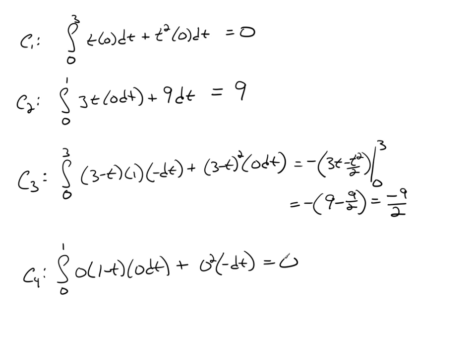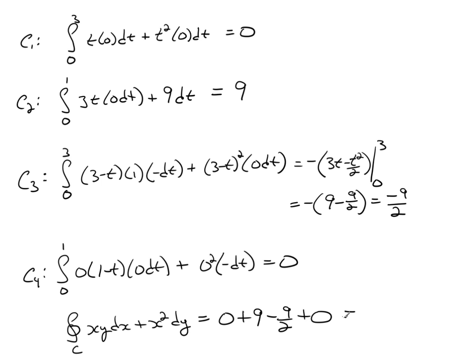That's going to contribute nothing. So this original line integral of xy dx plus x squared dy is going to be equal to 0 plus 9 minus 9 halves plus 0, which is just 9 halves.